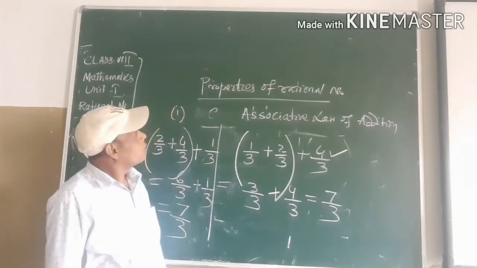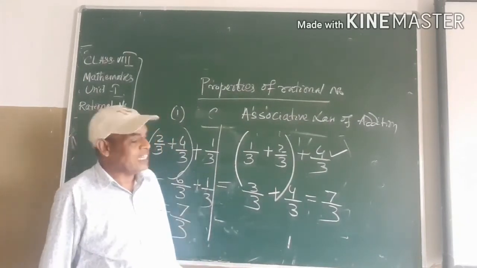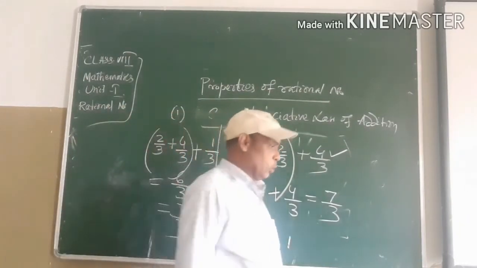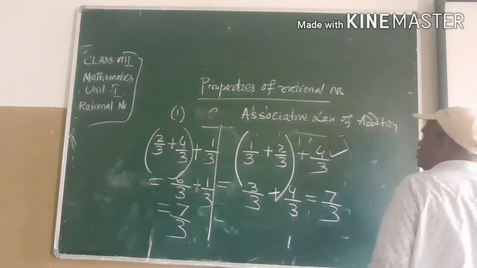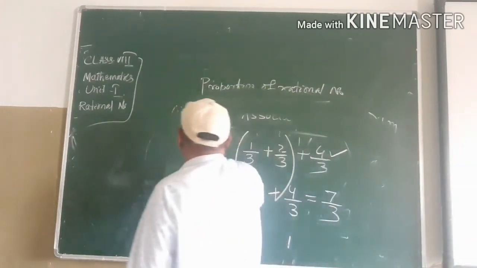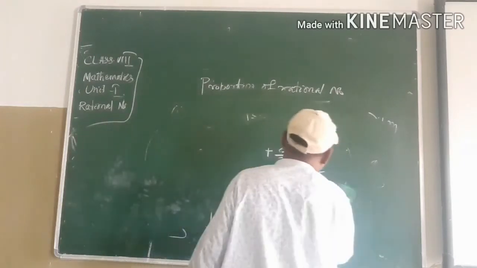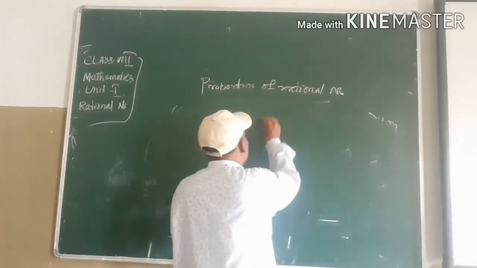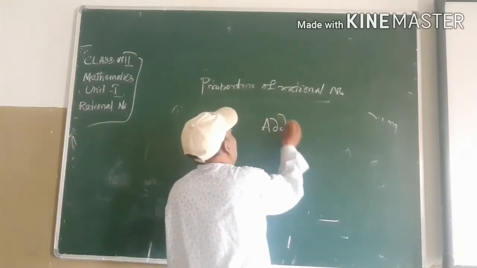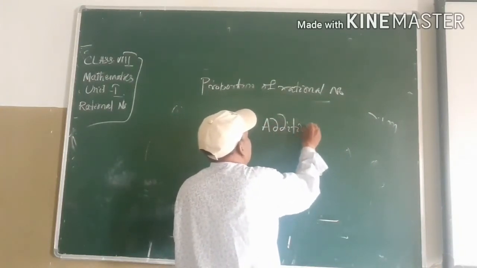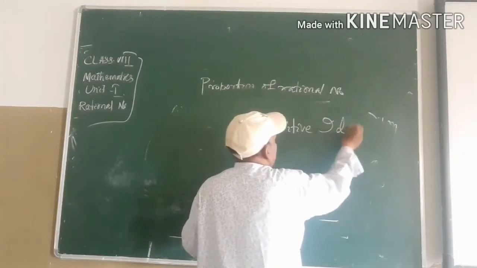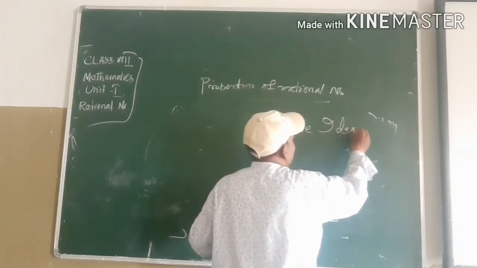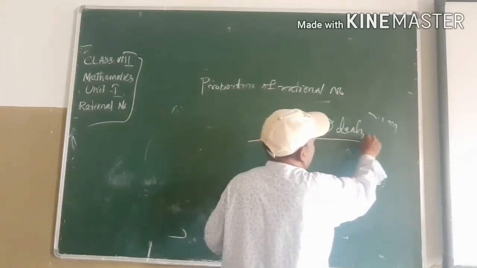So now we are going to discuss another rule, that is called additive identity. What is that?